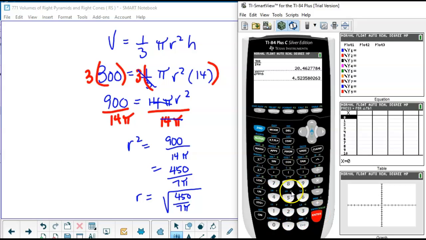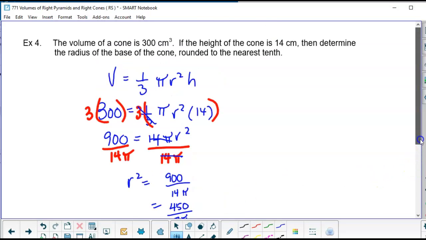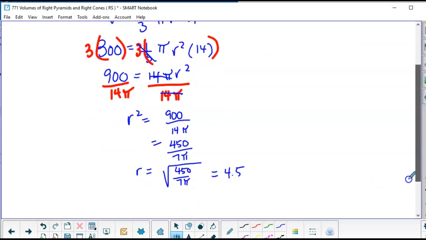If you don't, then you can go 900 divided by bracket 14 pi, or you can use the simplified form, but maybe it's better not to in case you simplified incorrectly, right? So you can see you're going to get the same answer. So that's going to equal 4.5, and what units is this? Centimeters.